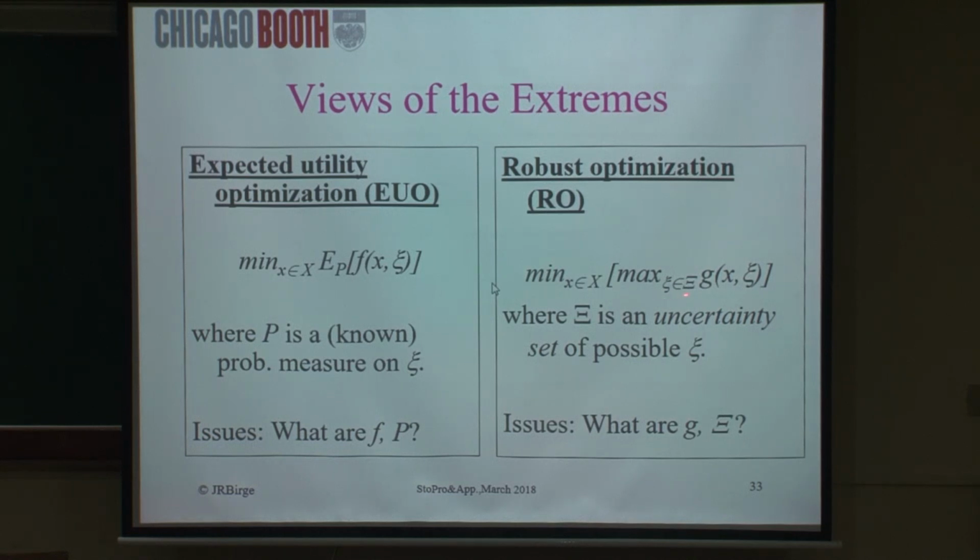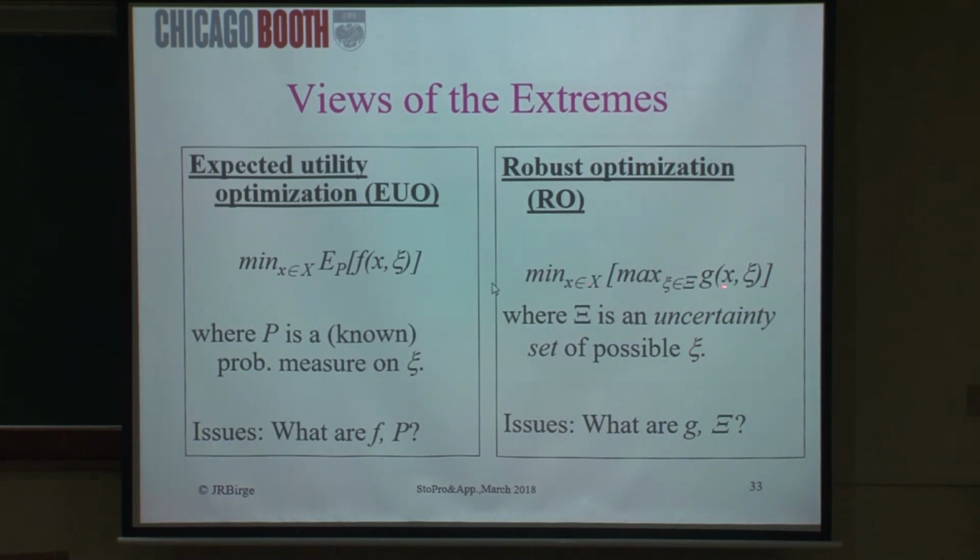So I take the worst possible case over here, and I minimize for x in that worst possible case. That set of possible outcomes is called, in robust optimization, the uncertainty set.